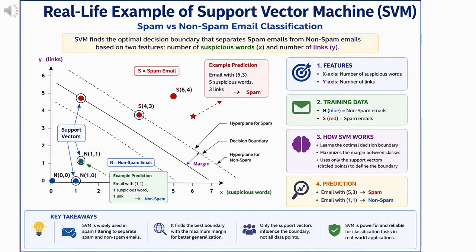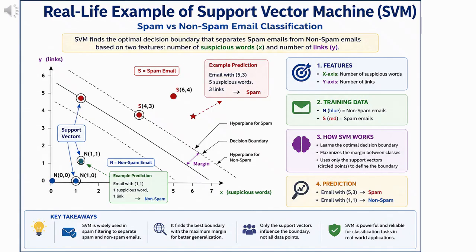Let's see how a support vector machine works using a real-world example of email spam detection. On this graph, the x-axis represents the number of suspicious words in an email, while the y-axis represents the number of links contained in the email. The emails marked with N are legitimate or non-spam emails. Notice that they contain very few suspicious words and only a small number of links. The emails marked with S are spam emails.